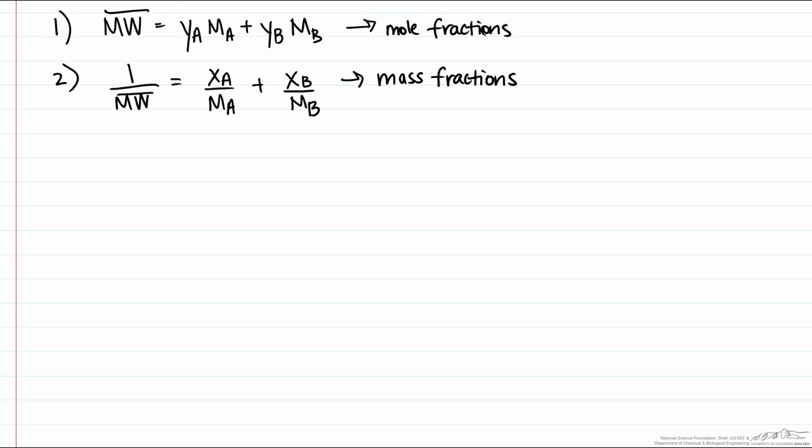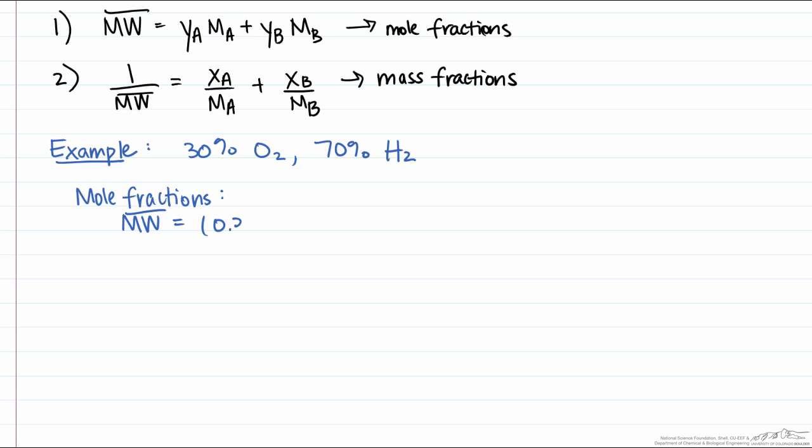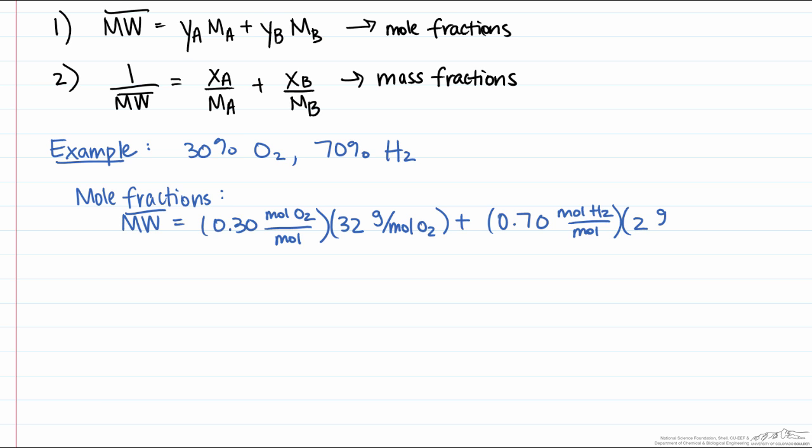So let's look at an example here. Let's say our stream is 30% oxygen and the remainder is hydrogen. So first we'll do it using mole fractions. Our average molecular weight is going to be 0.30 times 32 grams per mole plus 0.70 times 2 grams per mole.